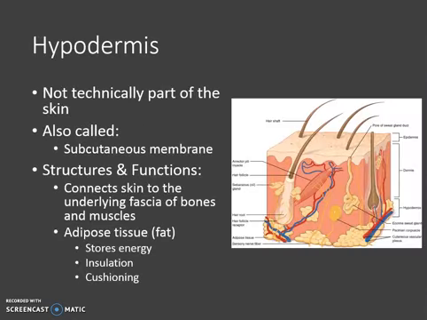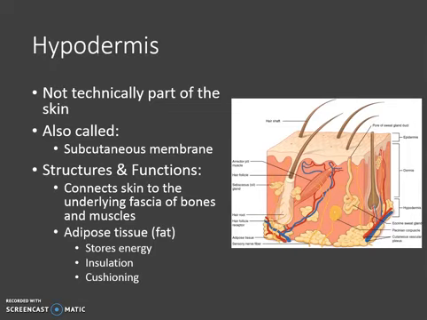And then the hypodermis, once again, it's not technically part of the skin. We also call it the subcutaneous membrane because sub means underneath, and cutaneous membrane is skin. So it's underneath the skin, and it helps to connect the skin to the fascia, which is the connective tissue of bones and muscles. It also has a lot of adipose tissue, and the adipose tissue is just another way of saying fat.